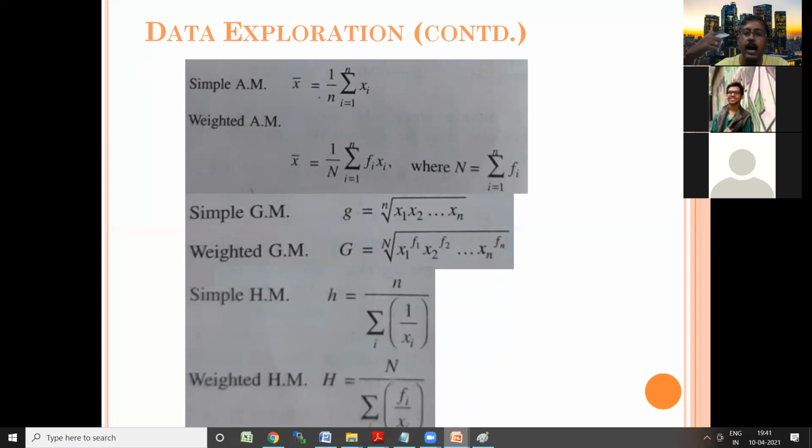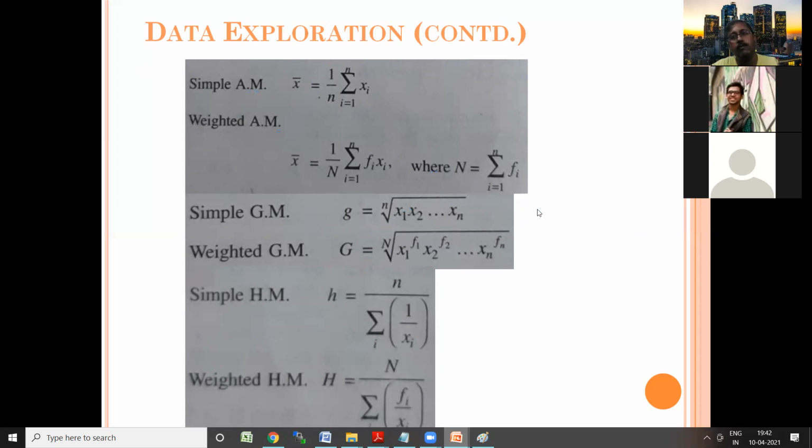Same way, we have the harmonic mean. So n divided by summation of 1 by xi. That is the harmonic mean. And same way, we can have the weighted harmonic mean. But for all general purposes, we either use the simple arithmetic mean or the weighted arithmetic mean. In most cases, in machine learning, we use these two measures only for the mean.